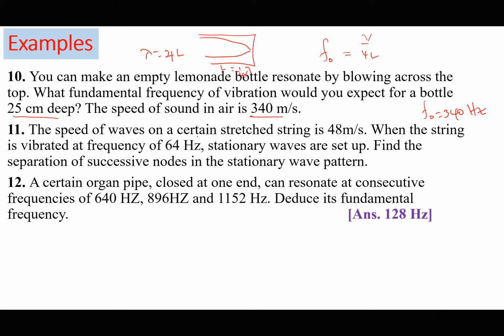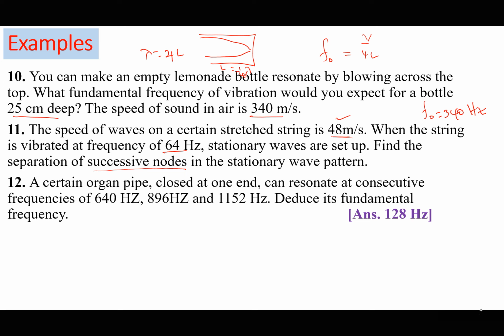The speed of waves on a certain stretched string is 48 meters per second. When the string is vibrated at a frequency of 64 hertz, stationary waves are set up. Find the separation of successive nodes in the stationary wave pattern.